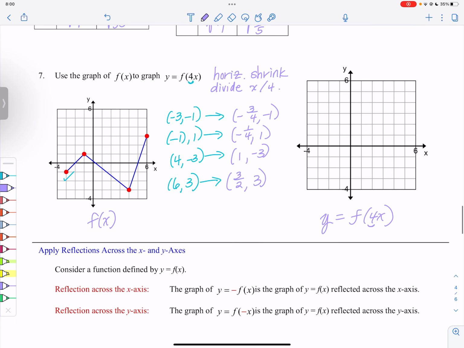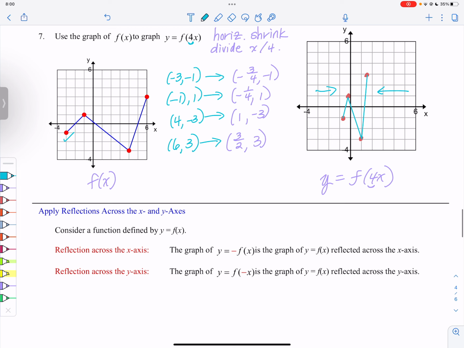So if we come over here and we graph that, so we have -3/4, -1, -1/4, 1, 1, -3, and then 1.5, 3. And as you can see now, we have the graph that looks like that. So you can see this horizontal shrinking.